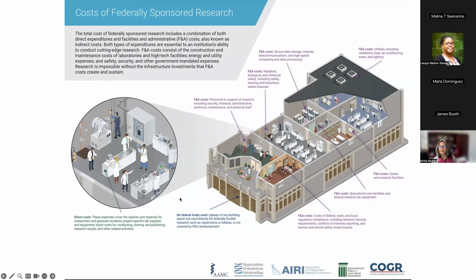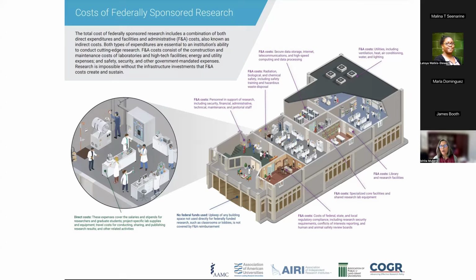Again, these are the costs for salaries, for stipends, project-specific lab supplies and equipment, travel costs for either conducting the research or sharing and publishing your results, and other costs very focused on the research activities that you can directly attribute to that one project.